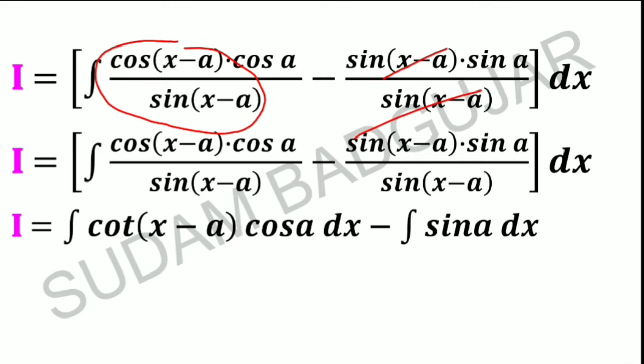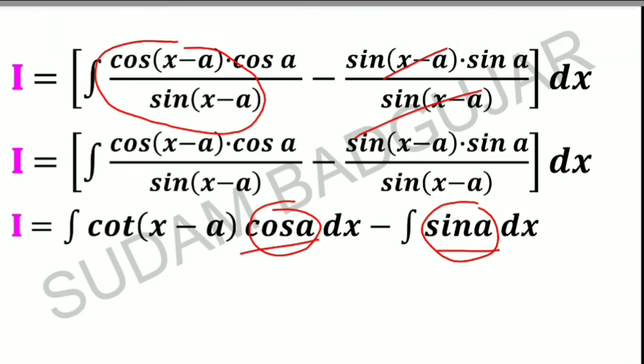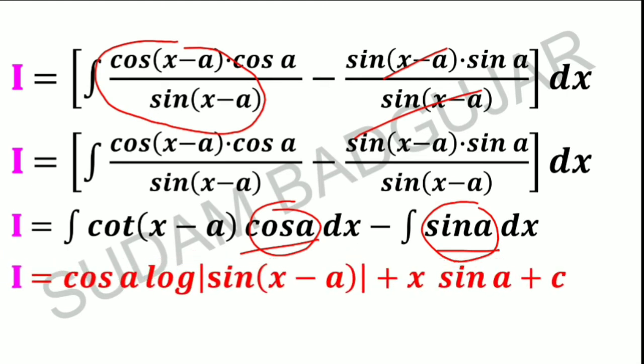By taking separate integration, see here, it is a constant number, so you have to write it outside. Since a is constant, sin a and cos a are constants, you have to write them outside the integration operator. You will get cos a into the integration of cot. What is the integration of cot?